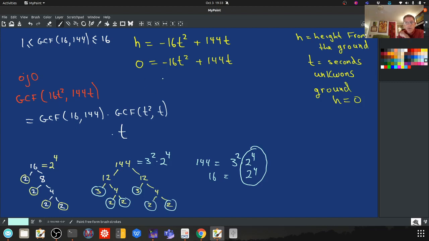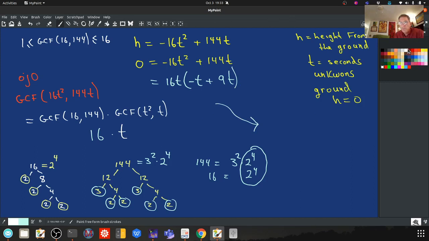So I'm literally going to factor 16t out. So minus 16t squared divided by 16t is minus t. And 144t divided by 16t gives me 9, so plus 9. Now let's move all of this stuff over here.